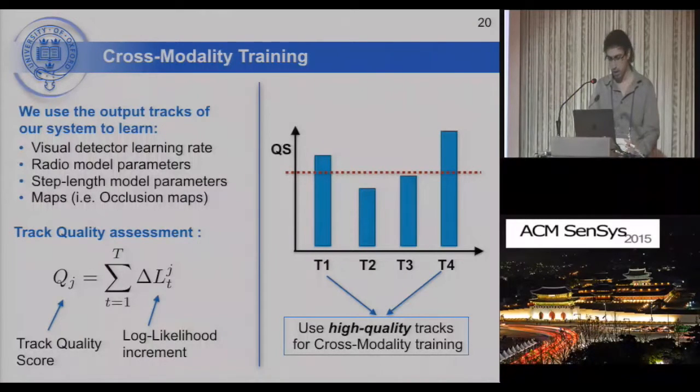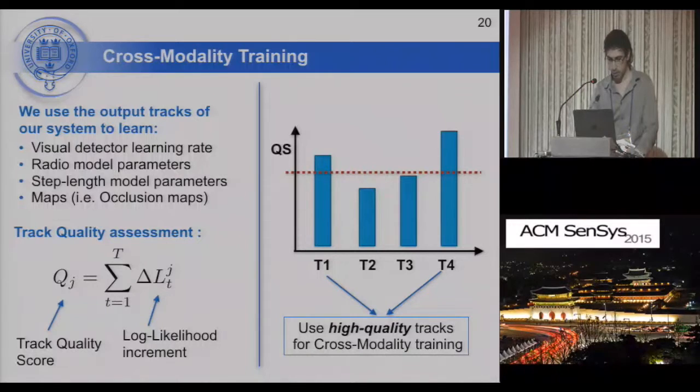Okay, so we want a system that can adapt to the changing environment. We can do that using cross-modality training. The idea is that when the environment is not busy enough, we can use the output of our system, the tracks, as ground truth to train the internal parameters of our system, such as the visual detector, the radio model, the step length, and the maps.